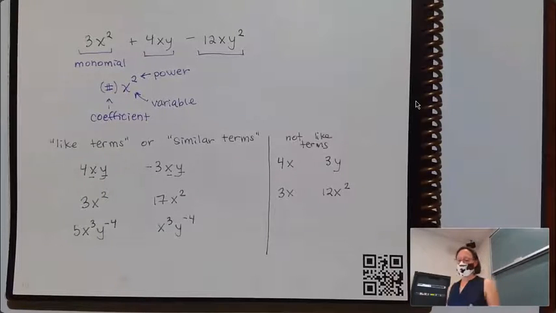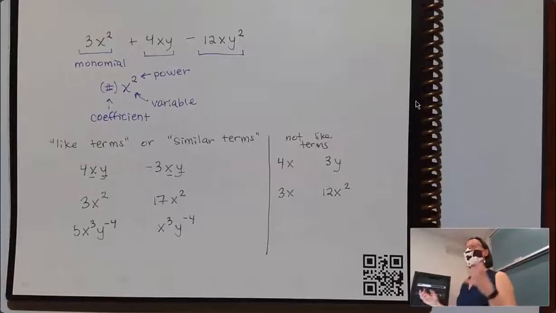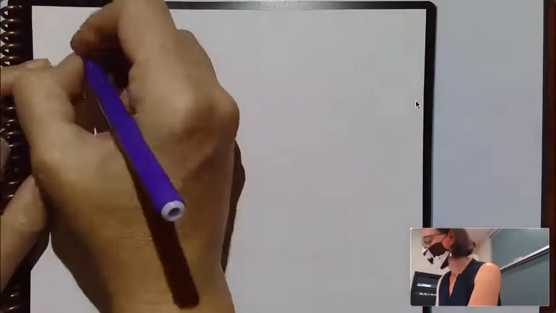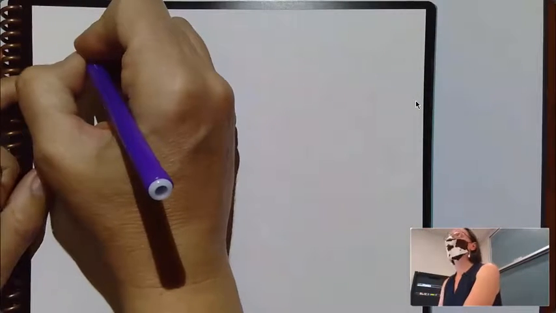Now, the reason that's important is that when we are multiplying two things together, we don't care if the things look the same. We've had some examples today where we had x's and y's and numbers jumbled up together, and when we're doing multiplication and division, that's fine. But when we're adding or subtracting, we can only add or subtract things that are like terms. The analogy here is fractions.